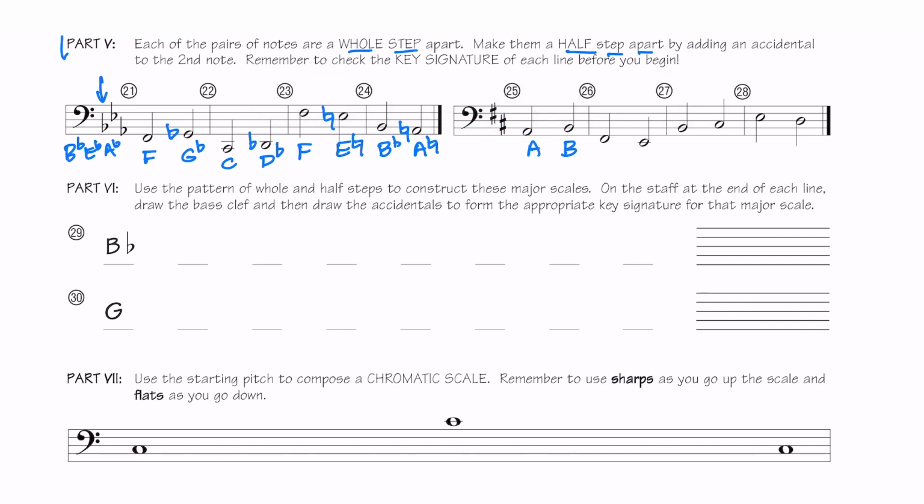A to B, that's a whole step. How do I make my B a half step from A? I have to make it B flat. You can have flats as accidentals in a sharp key signature. Happens all the time.